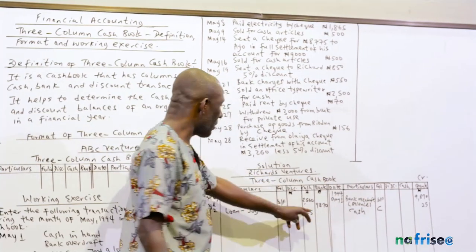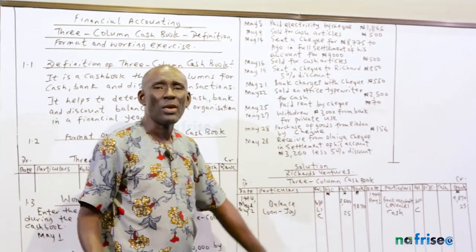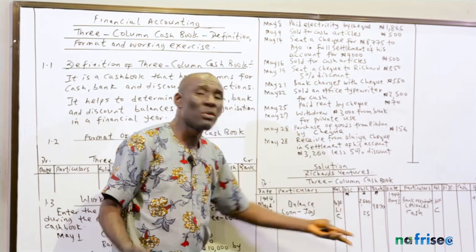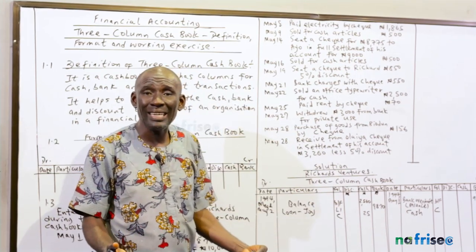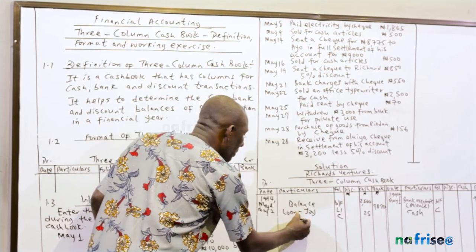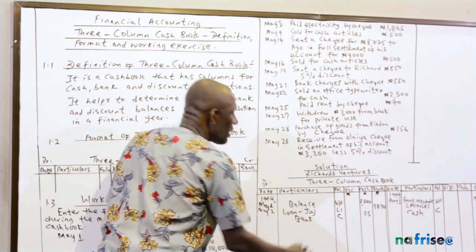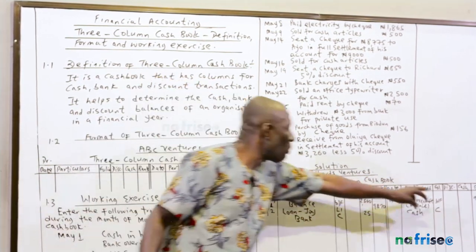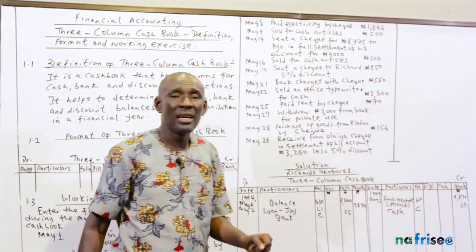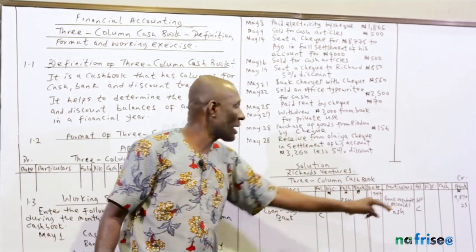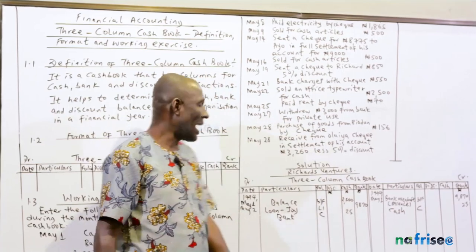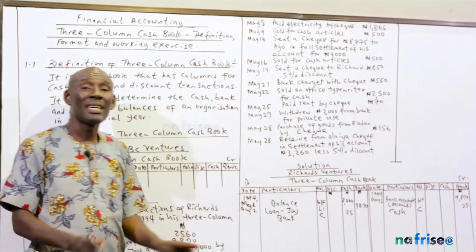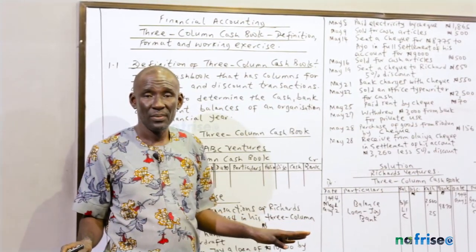And cash is receiving 25 naira. The question is, how did we receive this cash? Okay, we received it from bank. So the particulars give us detail of that transaction: that this money withdrawn from bank was by cash, and that the cash received was from bank. You can see that the case is settled.